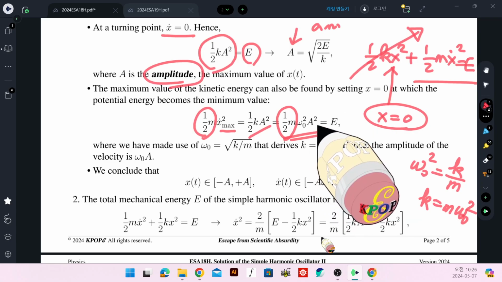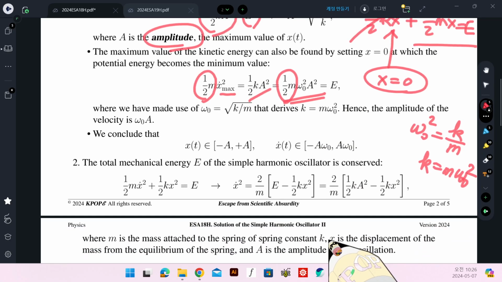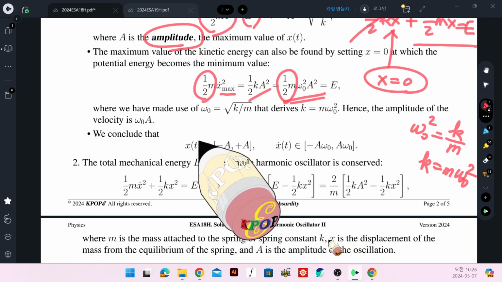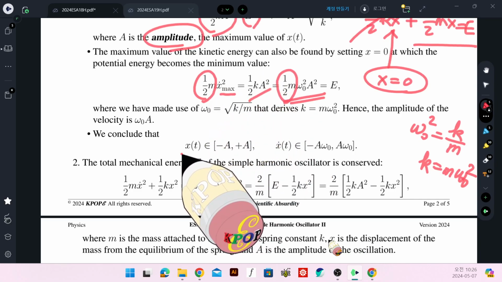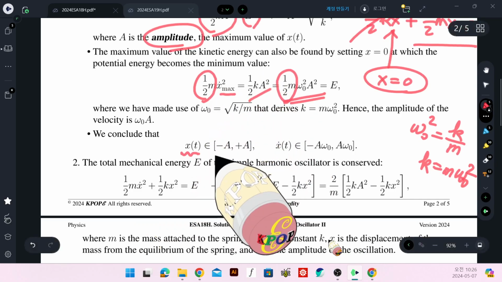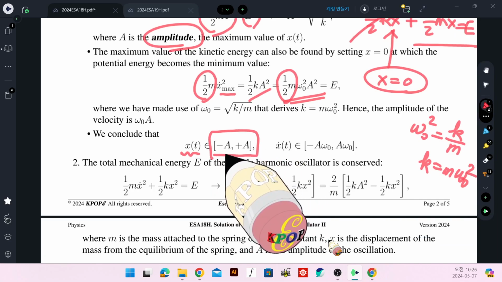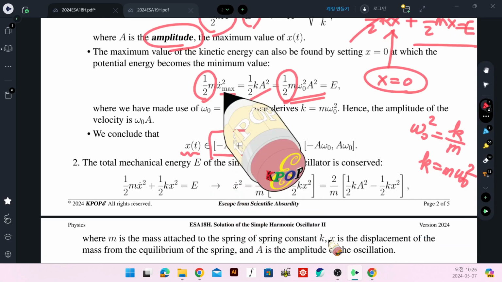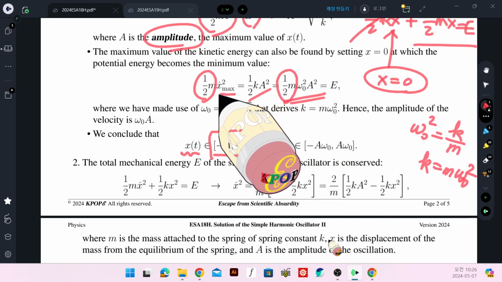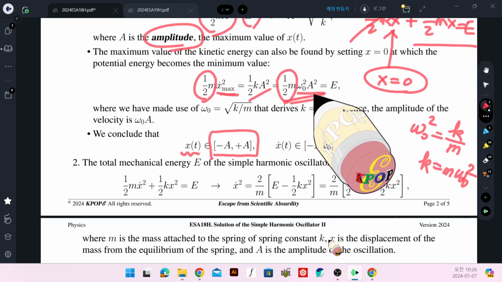Because the velocity is a real number, if the motion is restricted to one dimension, the range of the position is between the amplitude and negative value of the amplitude, the velocity squared.